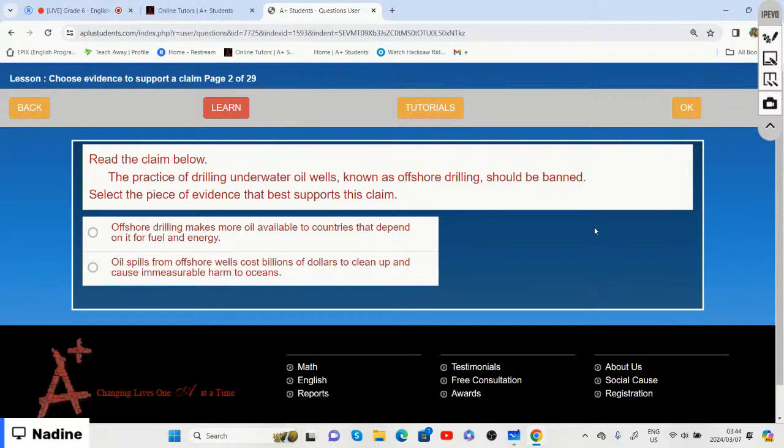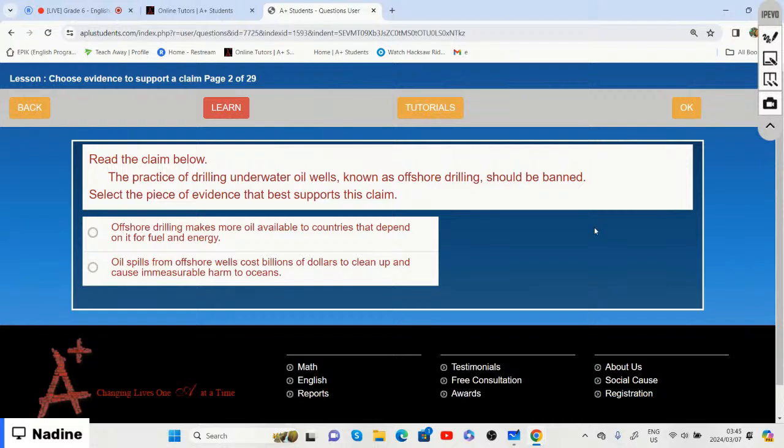So, the practice of drilling underwater oil wells, known as offshore drilling, should be banned. Select the piece of evidence that best supports this claim. Offshore drilling makes more oil available to countries that depend on it for fuel and energy.